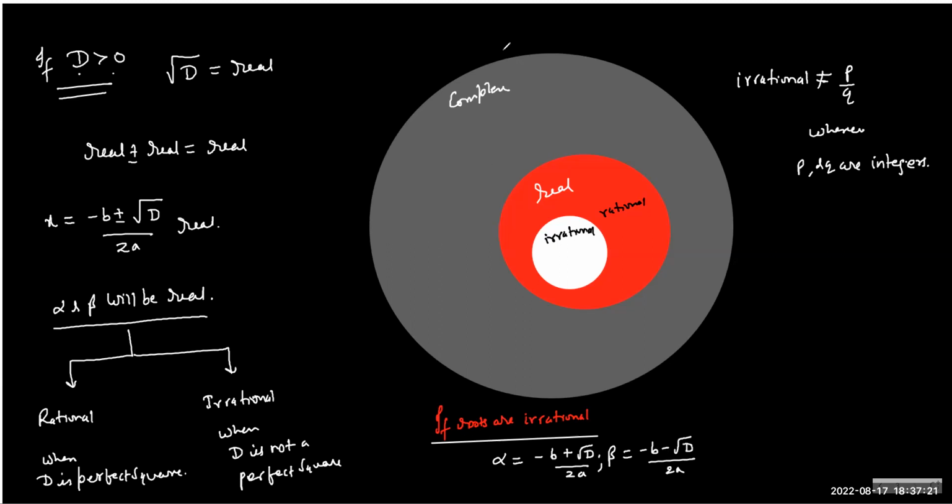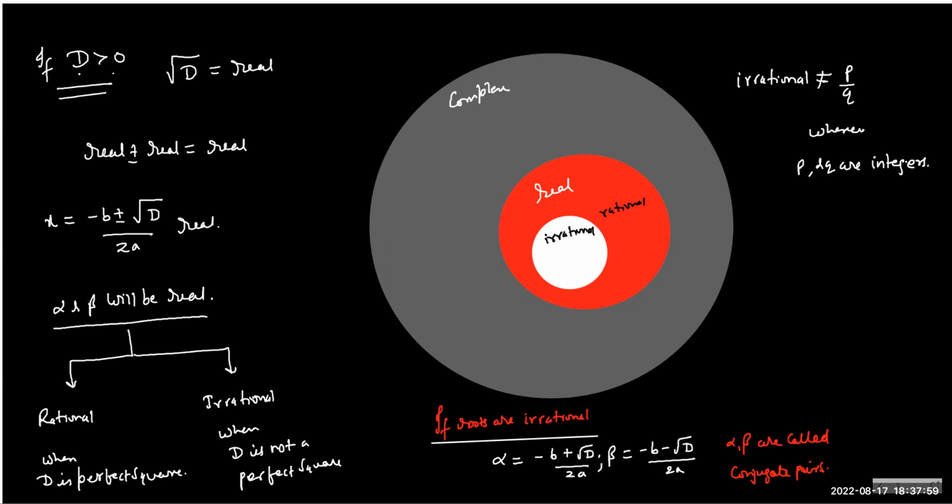So you can see the sign between the rational and the irrational part is the only difference, and such numbers are called conjugate numbers. So alpha and beta are called conjugate pairs.